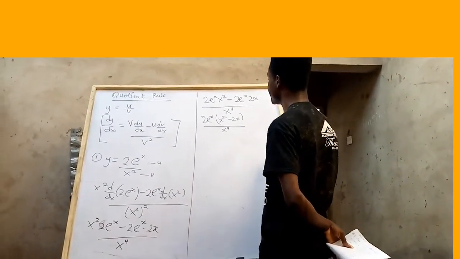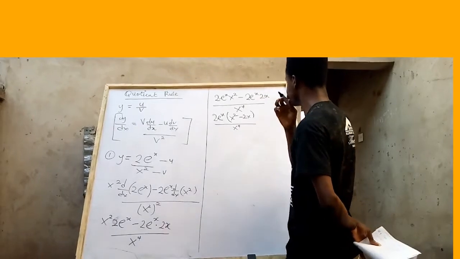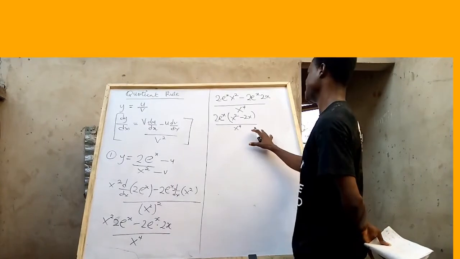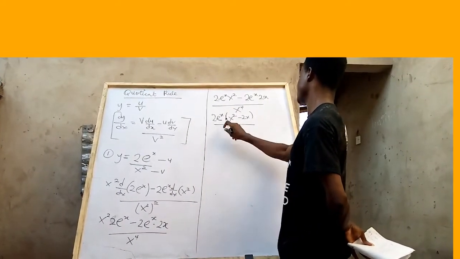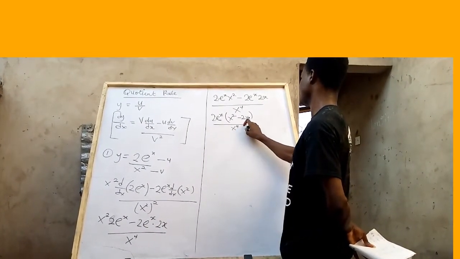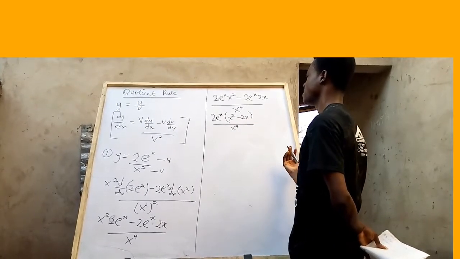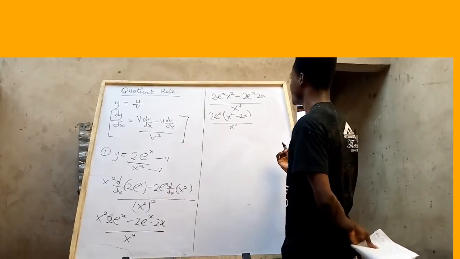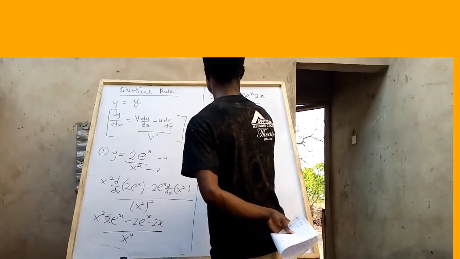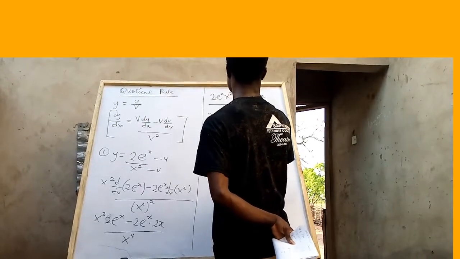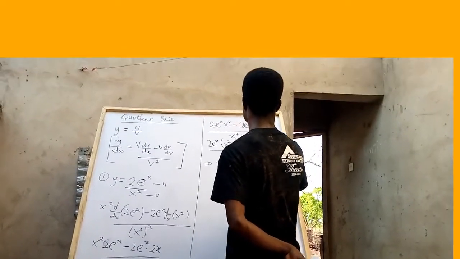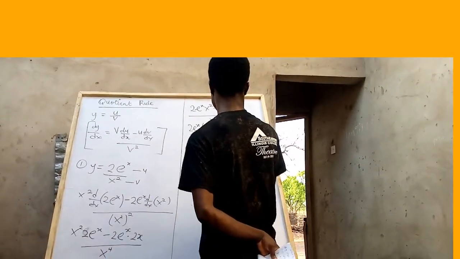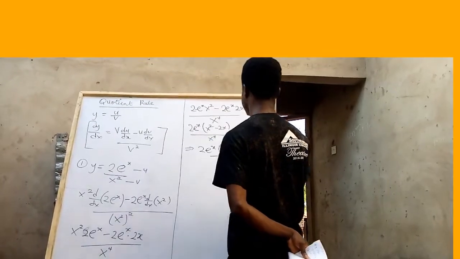Even at this point, something could be done here. I can leave it like this, or I can still divide by x to the power 4. So I can just leave it this way: 2e^x times (x squared minus 2x) all over x to the power 4.